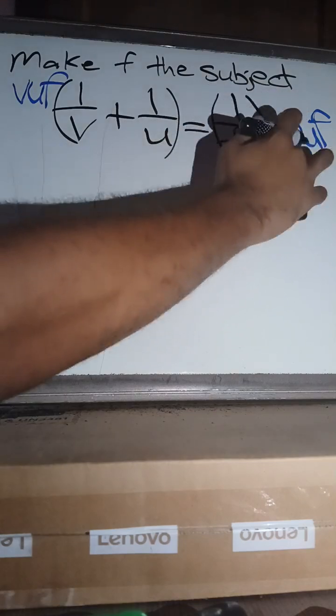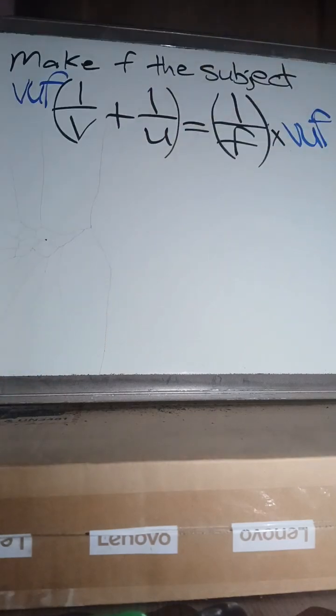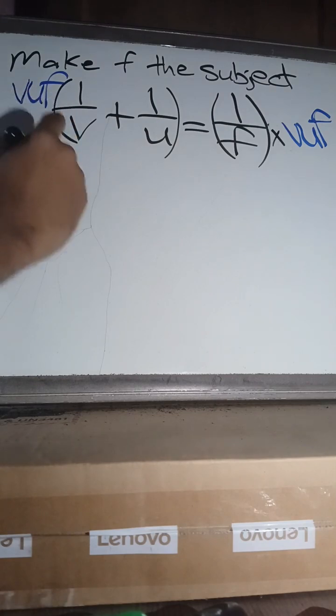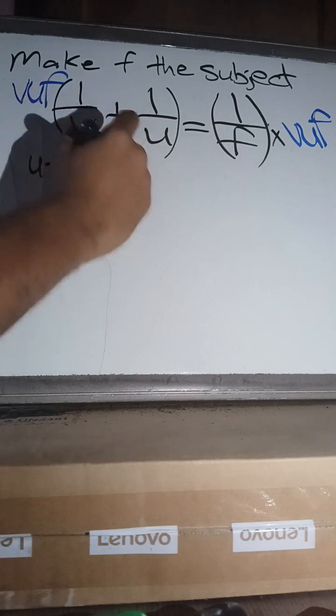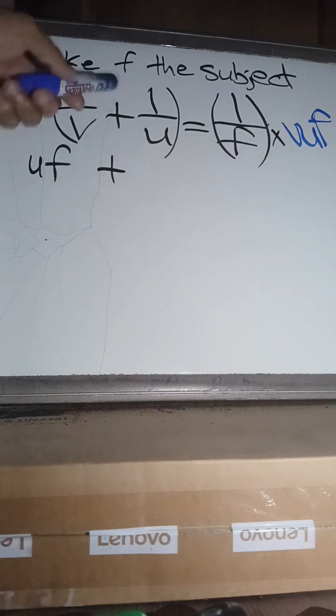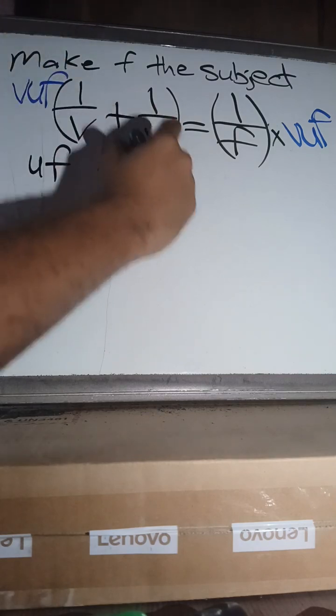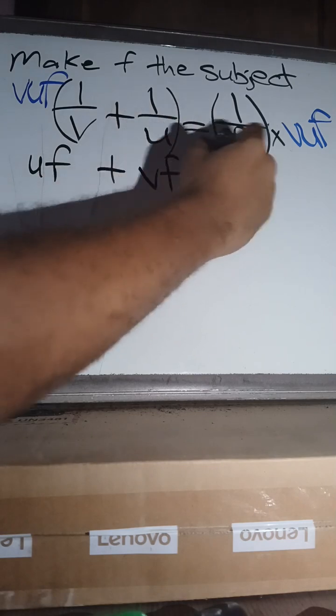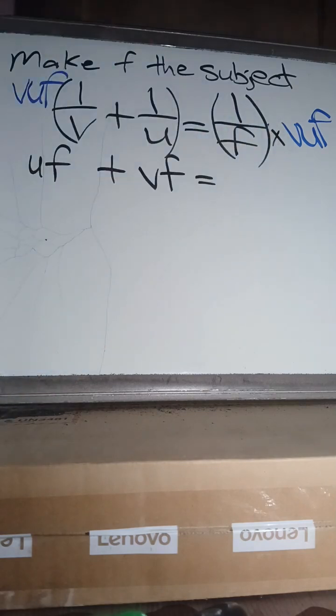So V divided by V cancels, 1 times UF. So this on the left would be UF. U divided by U, VF times 1. That will be VF.